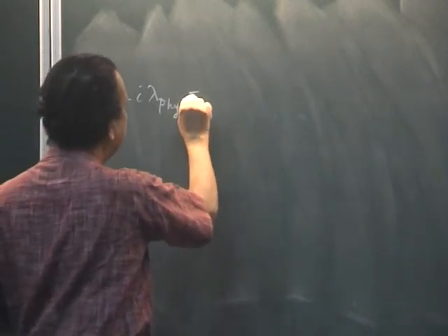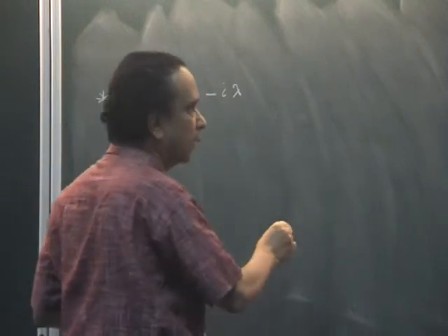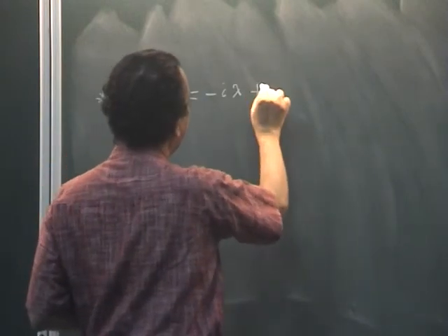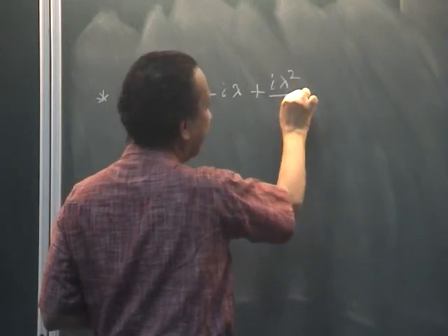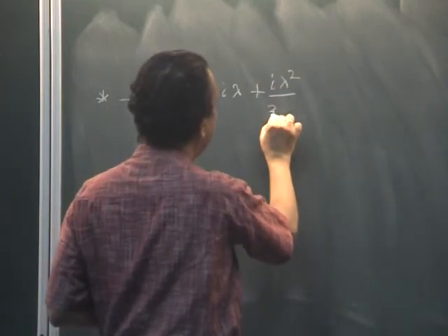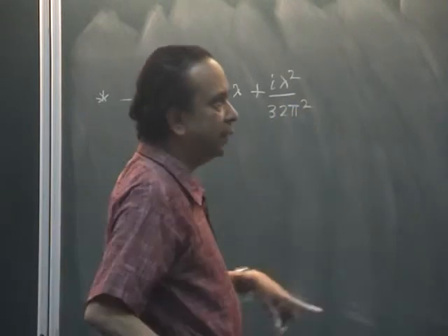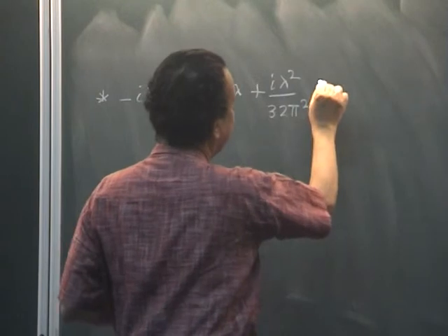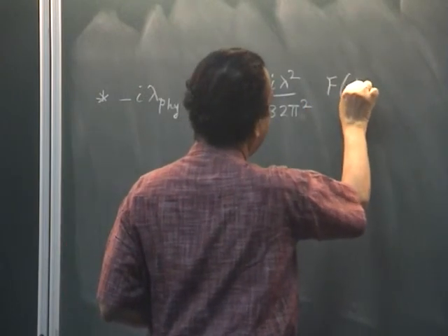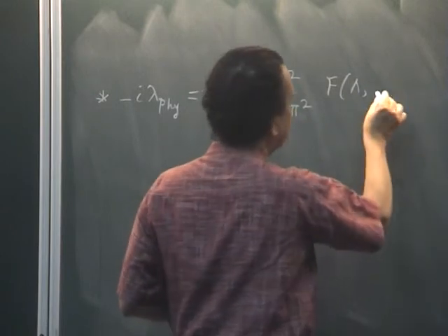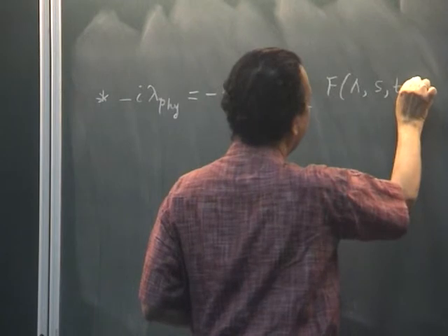So that is equal to minus i lambda plus i lambda square by 32 pi square. Let me call that entire quantity some function which depends on lambda, and it also depends on s, t, u.